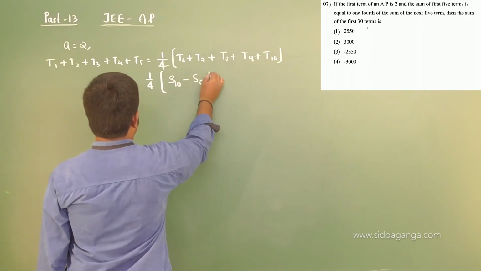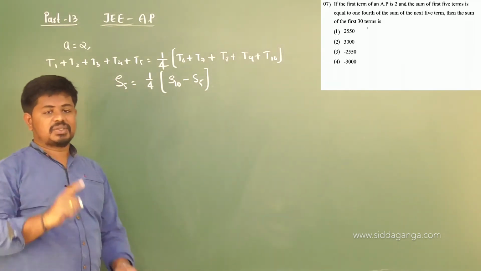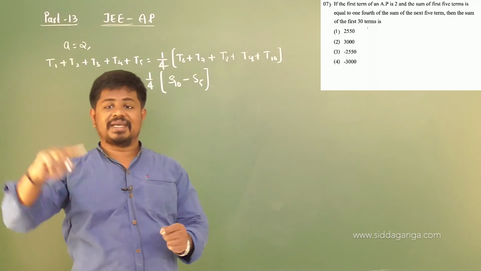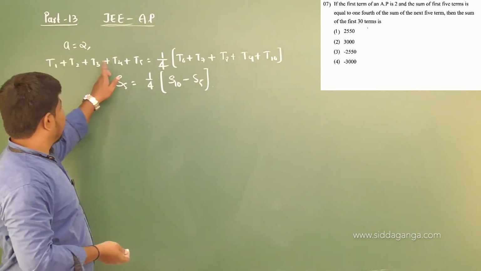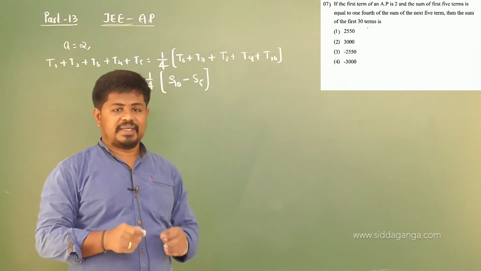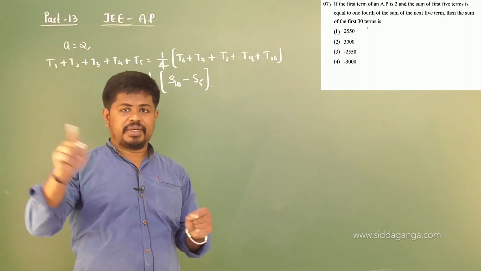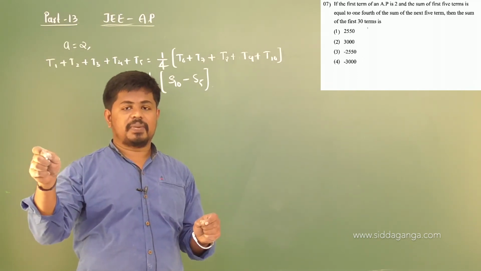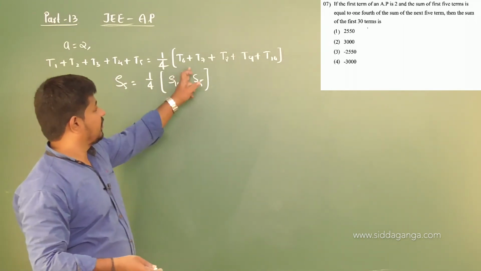S10 is the sum of the first 10 terms, T1 plus T2 plus T3 till T10. If you subtract T1 to T5, that is S5, you get S10 minus S5, which gives the sum of the next 5 terms.